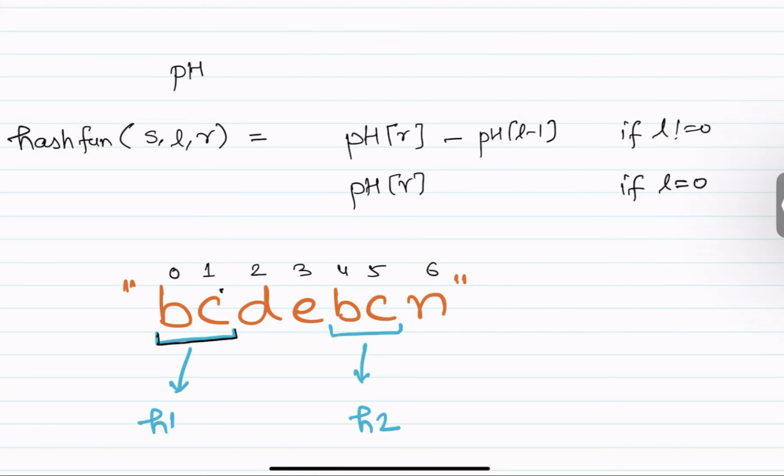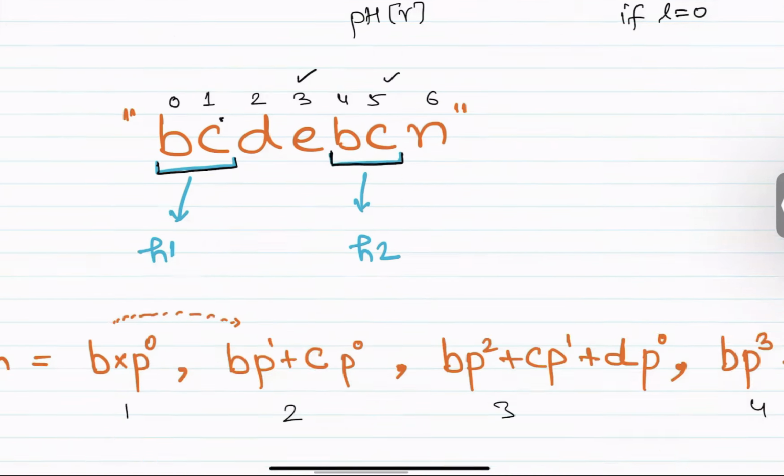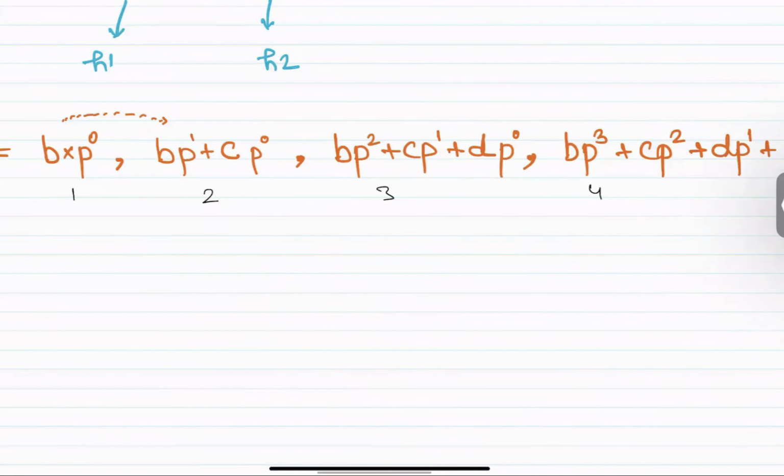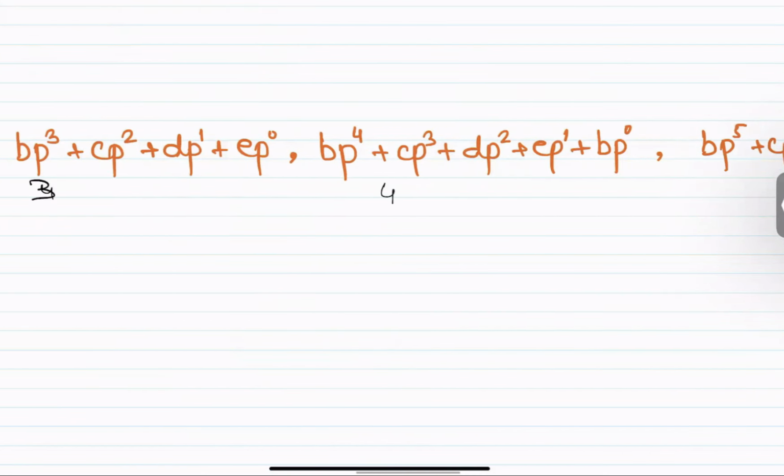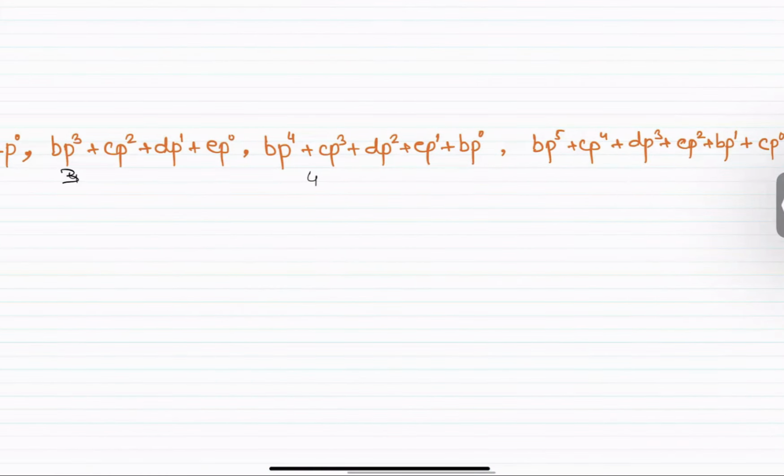Now, coming to the hash of this B to C, you will take the value at 5 minus the value at 3. Correct? So let's see what is the value at 5. This is the value at 0, 1, 2, 3, 4, and 5.